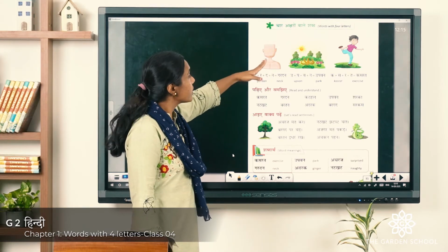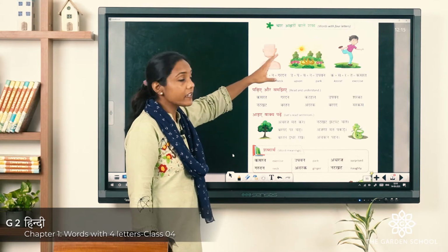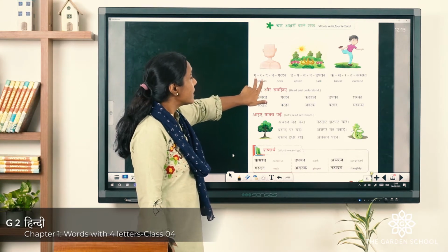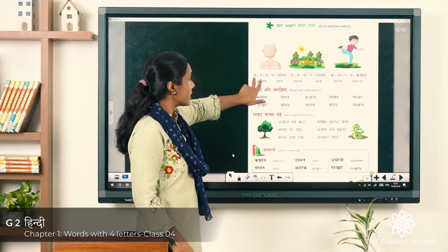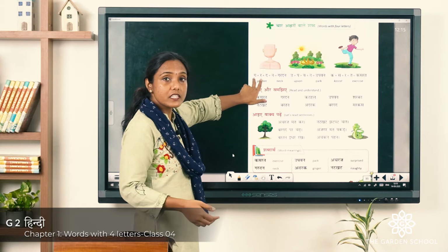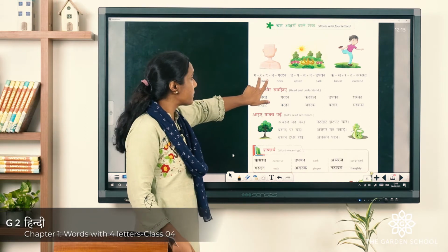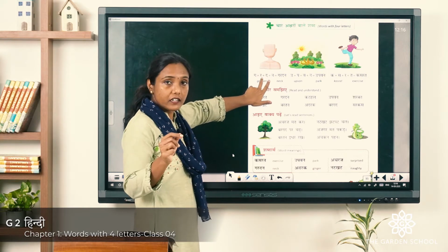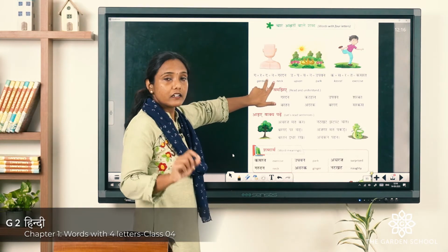It's a picture of a body part, mainly showing the neck part. So what do we say here? See, we have 4 letters here. This is a consonant letter, how do we pronounce it? G, right? G plus R plus D plus N, okay?